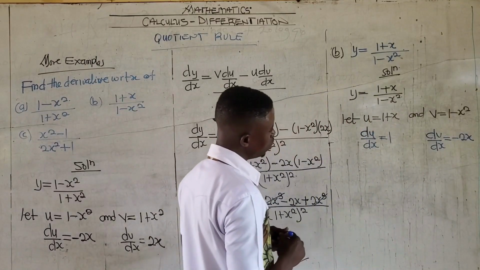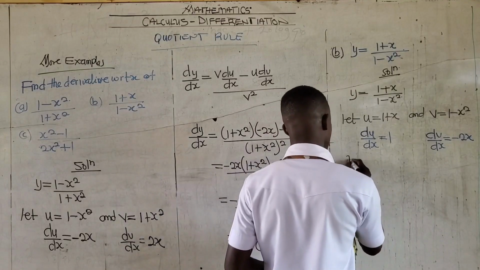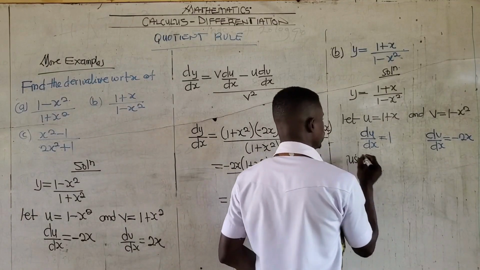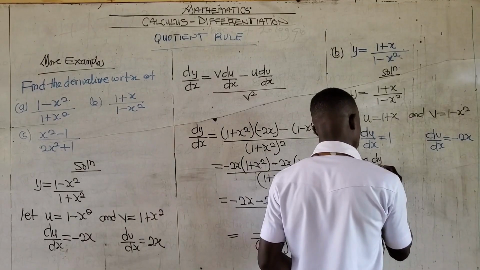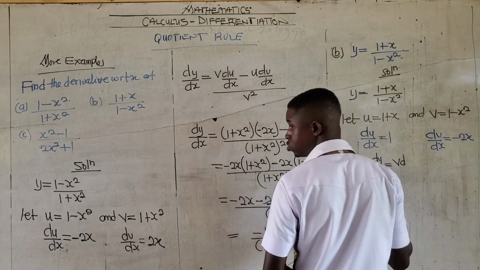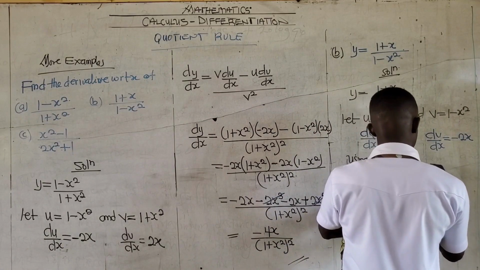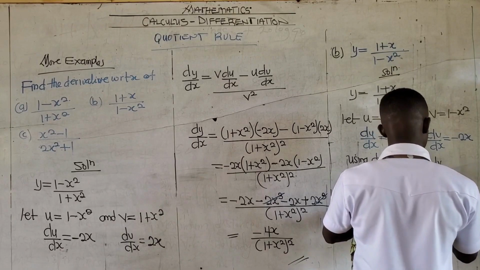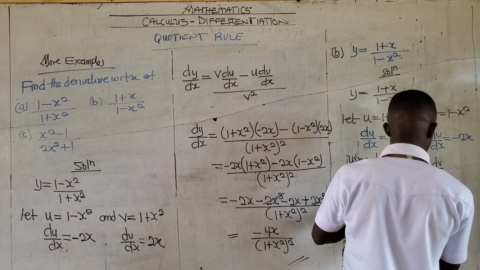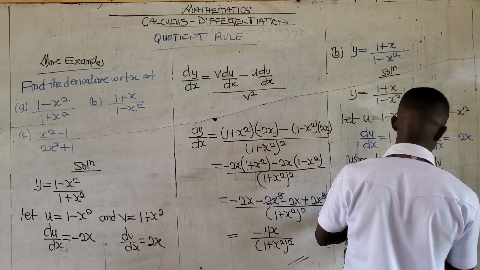After the differentiation, the next thing I'm going to do is to quote my formula: dy over dx equals (v du over dx minus u dv over dx) all divided by v squared.